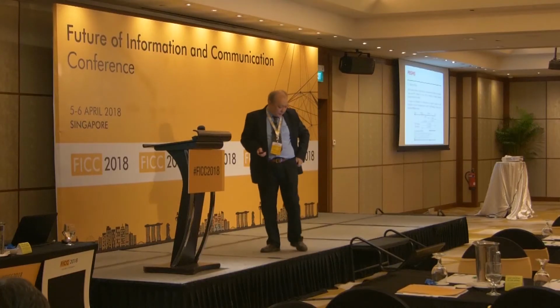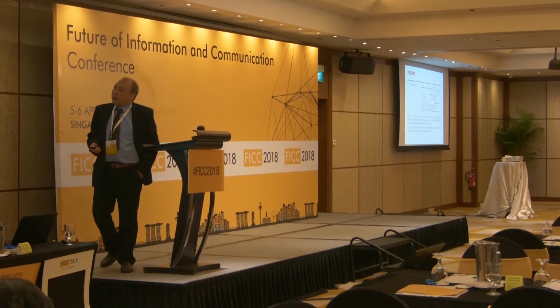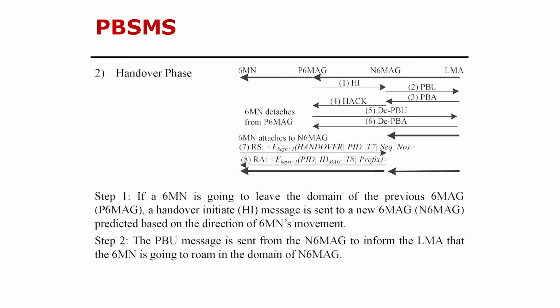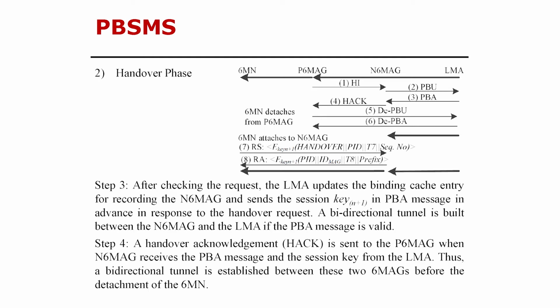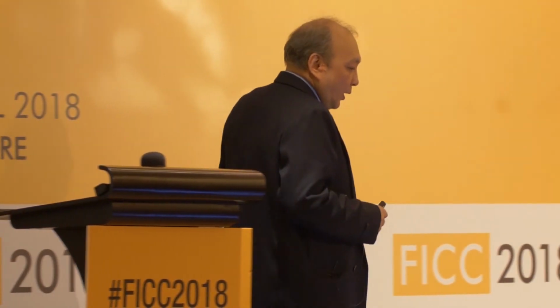In this process, also 7 or 8 messages are exchanged. However, the amount of information exchanged is quite small. There are only a few steps to exchange 8 messages. So this is the overall design of the authentication scheme.